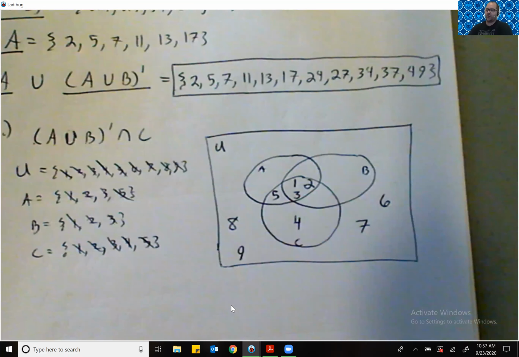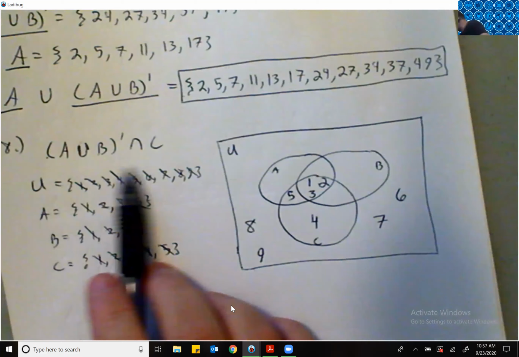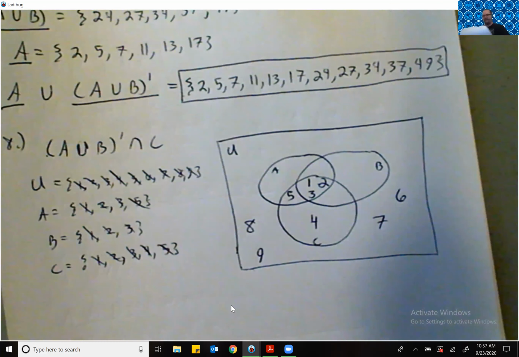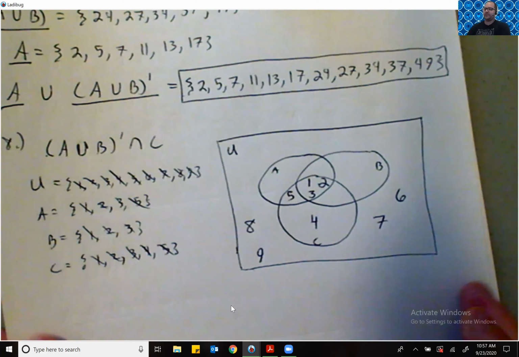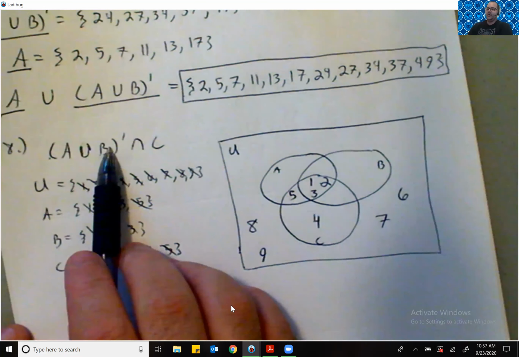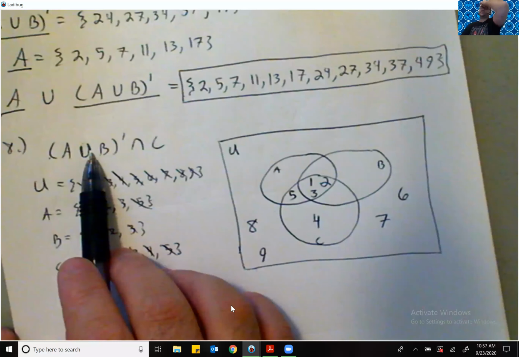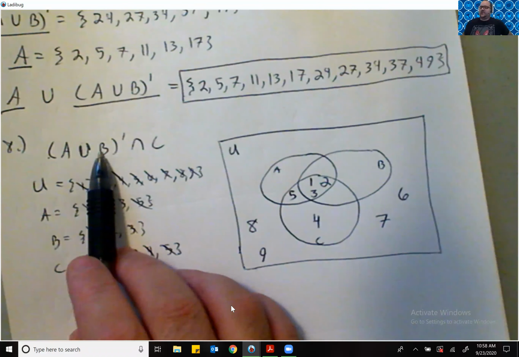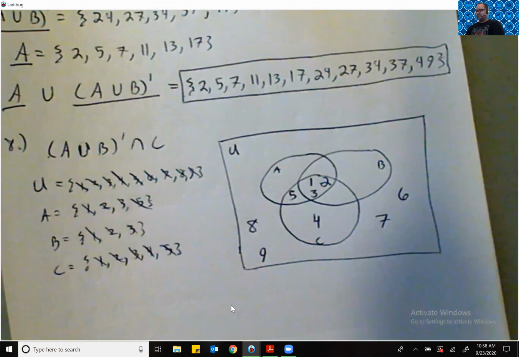Let's answer our question. So do we have parentheses? Yes. So we start inside there. Inside my parentheses, do I have any complements? The word was slipping my mind.